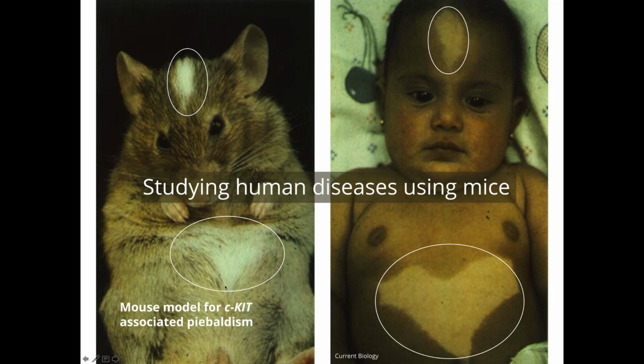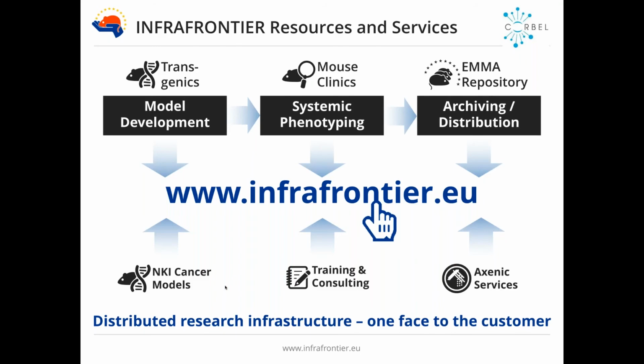So INFRAFRONTIER is providing, as I said, resources and services for researchers that would like to study human diseases using mice. So this covers the development of mouse models, but also a concept of what we call systemic phenotyping, where mutant mice are very thoroughly inspected in a pipeline of tests to really assess the effects of a given mutation on the entire organism.